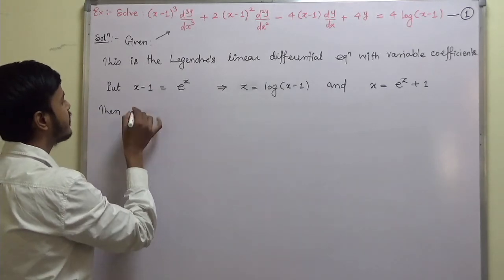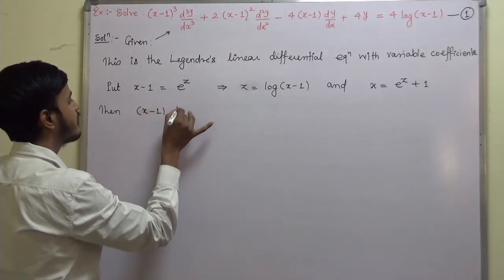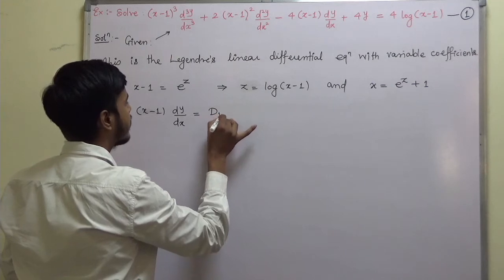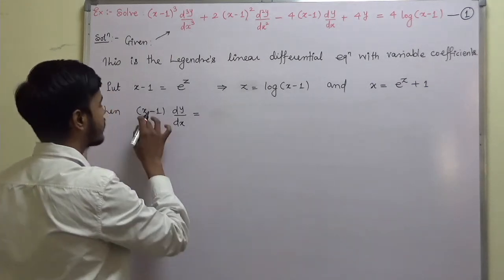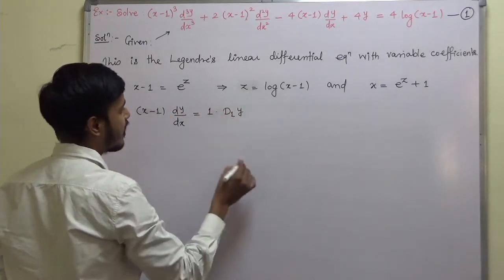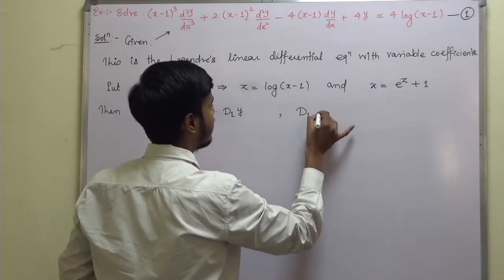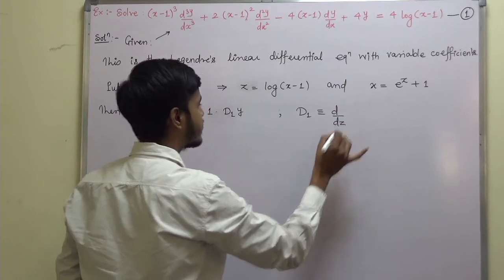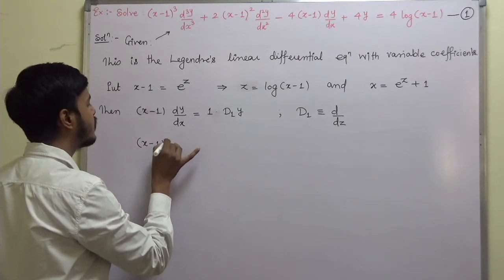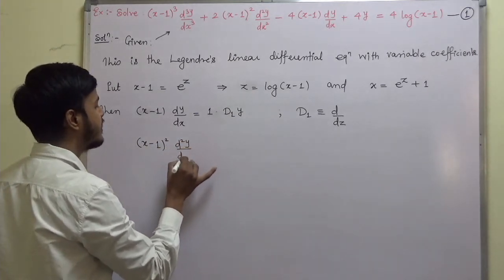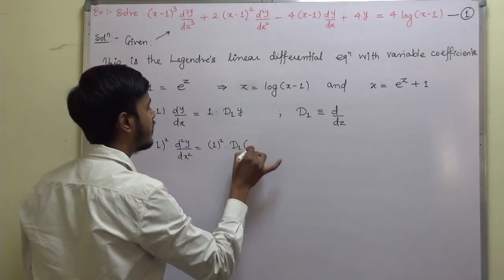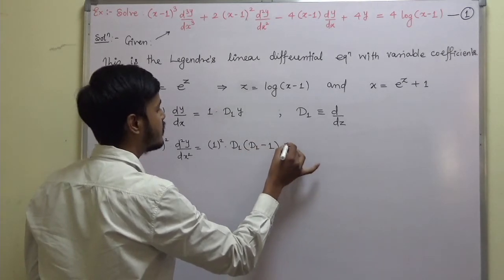Then (x minus 1) dy by dx can be written as D1 of y, since the coefficient is 1. Don't forget to specify that D1 is the derivative with respect to z. The next, (x minus 1) whole square d2y by dx square, is nothing but 1 square, D1 into (D1 minus 1) into y.